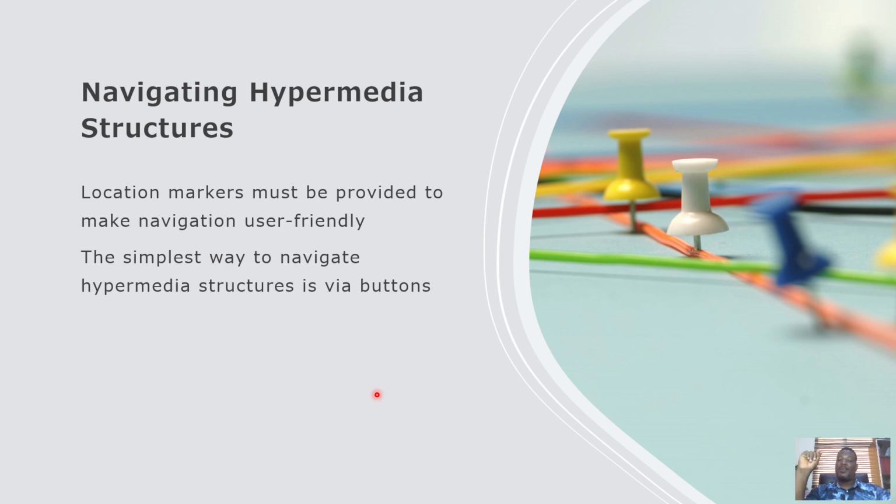The moment you click on read more, you're able to read the article itself. That is what's called navigating a multimedia structure. So usually you navigate between these structures by the use of buttons, not these buttons, but buttons that reside on the web, like the read more button that we normally see.